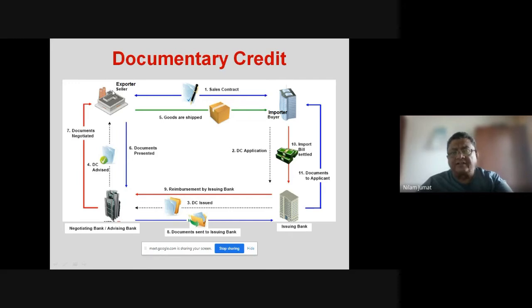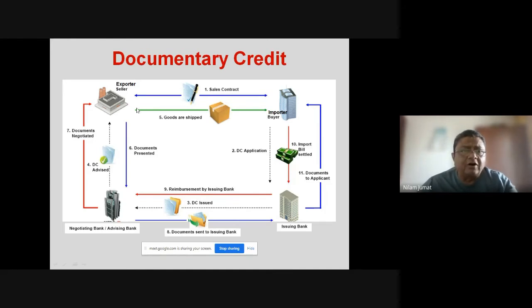Now here you see the security is not like collection. The moment he complies and ships the goods and the documents are sent through his bank to this bank, right? The bank has to pay. Can you see that? That's how LC works. Now that exposure that we had in collection, where the importer will not accept the goods, is not there. Why?